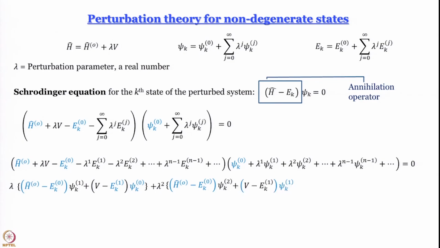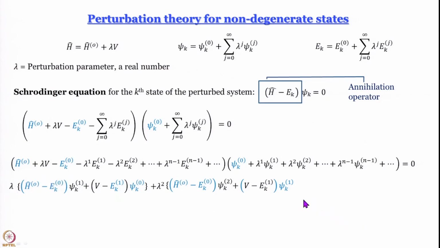So, the second term is V minus E k first operating upon psi k first. Once again you see the operator is the same in the second term as it was in the second term for the coefficient of lambda.